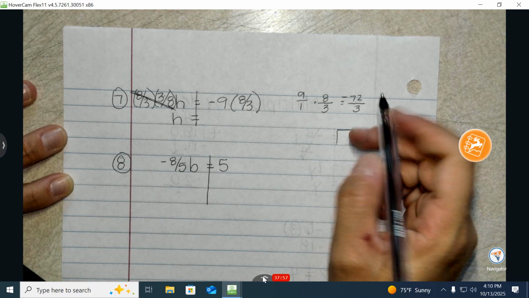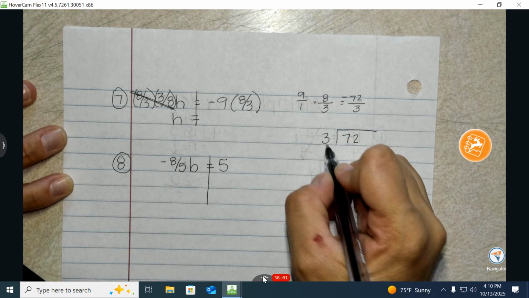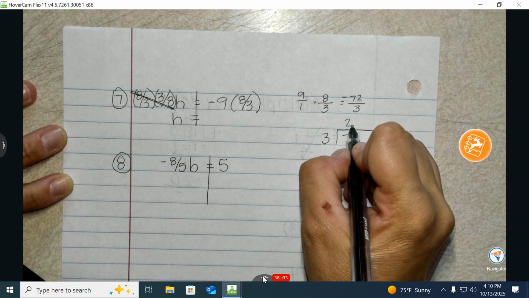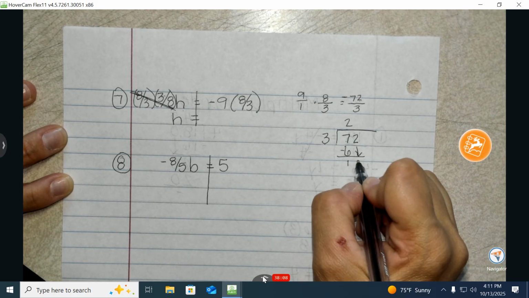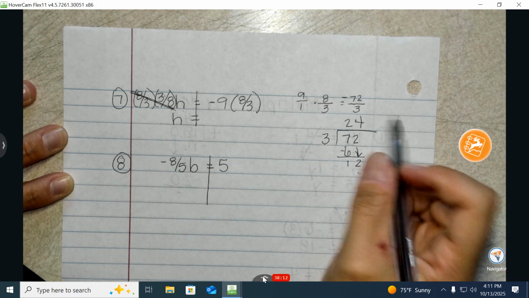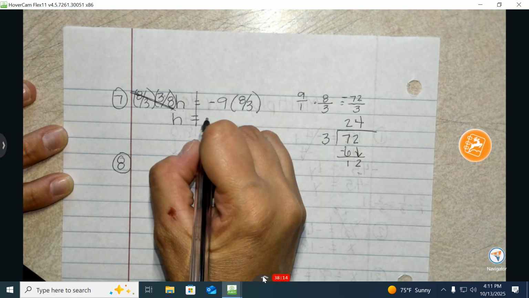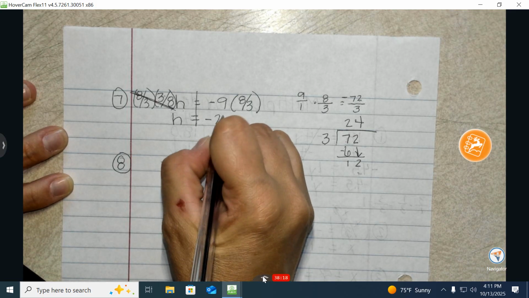Whatever number is listed first goes inside the box, 3 goes outside. 3 will go into 7 2 times. Bring down your 2. 3 will go into 12 4 times. And it's a negative divided by a positive, so it is -24.